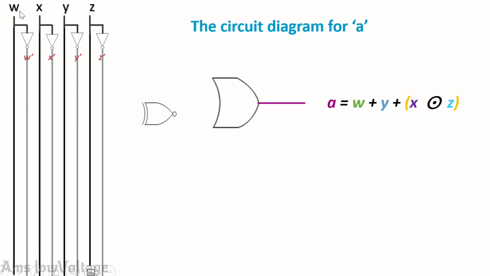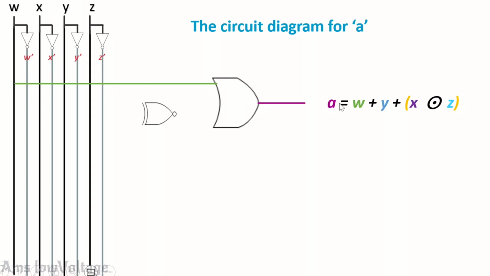Here are my inputs w, x, y, and z, and remember this line is 1 when the value is 1 for w, and this line is 0 when the value is 0 for w, because this inverter makes 1 to 0 and makes 0 to 1. When the input is 0, this will be 1, and when 1, this will be 0.